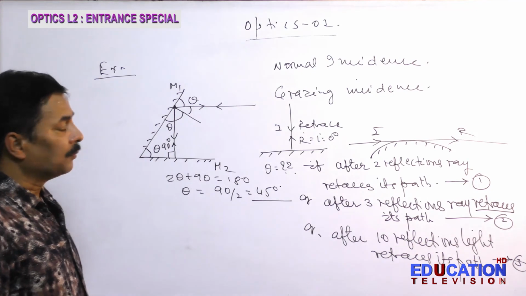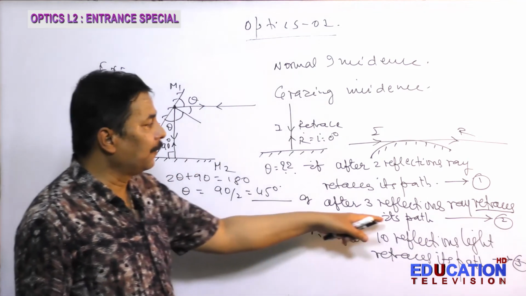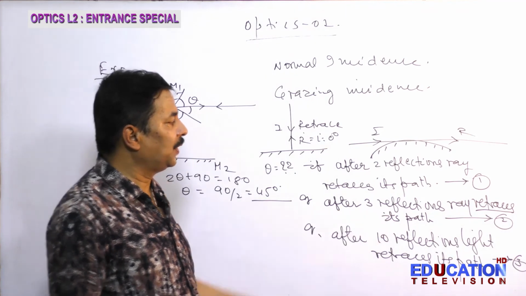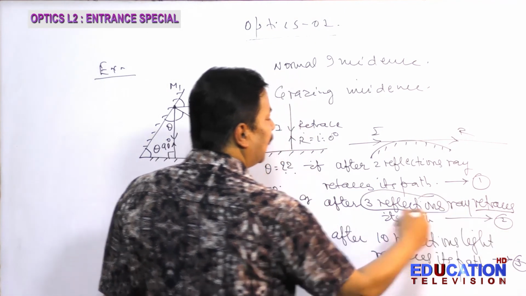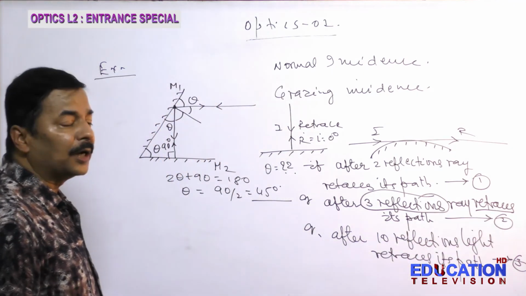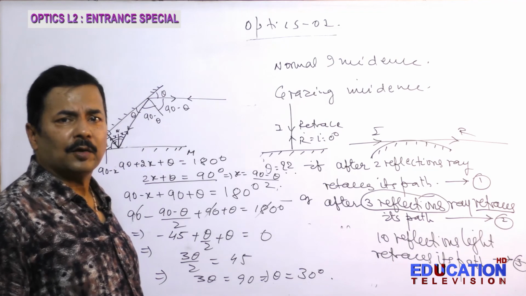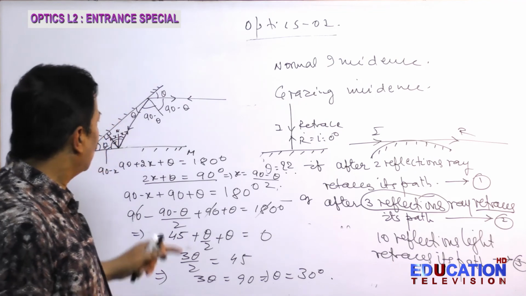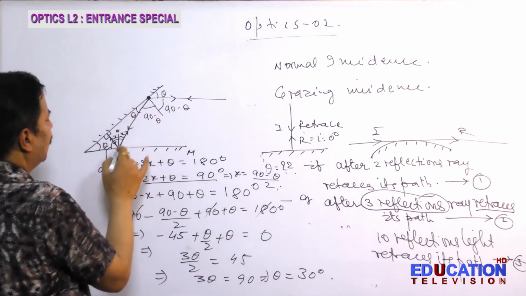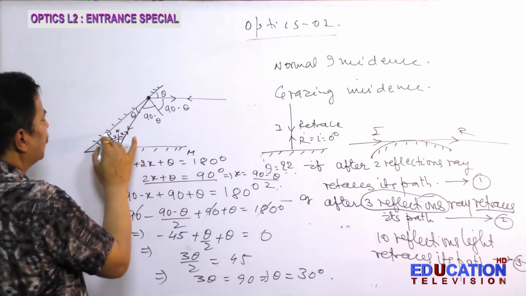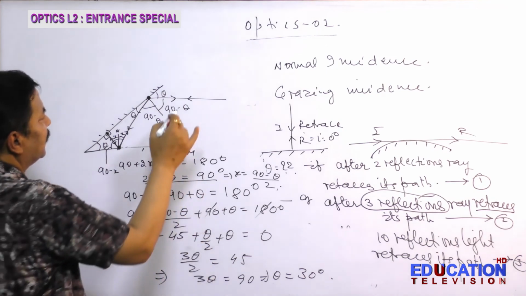Very good. Now in the second case, if we want 3 reflections, after 3 reflections the ray retraces its path. How to get it? Here is the first reflection, here is the second reflection, here is the third reflection. This is the incident ray.